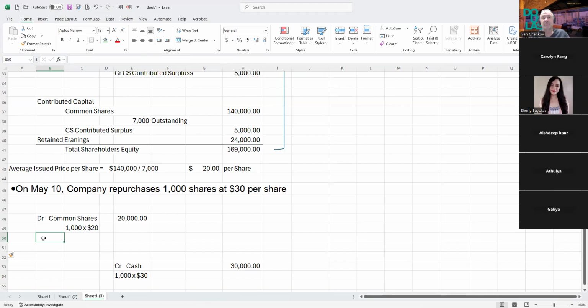If you have a contributed surplus for the exact same type of shares, first you're going to use the entire contributed surplus, and if you still haven't covered the difference, then you're going to go to the retained earnings. Make sense?